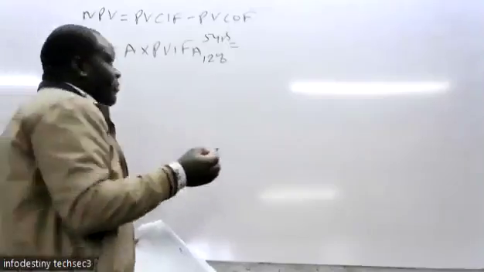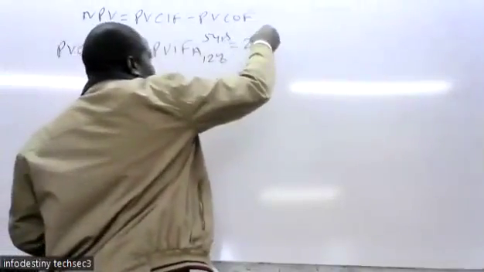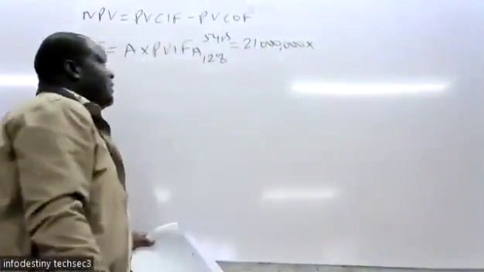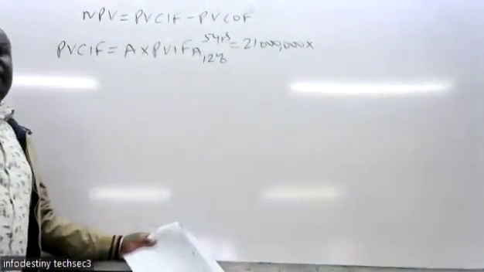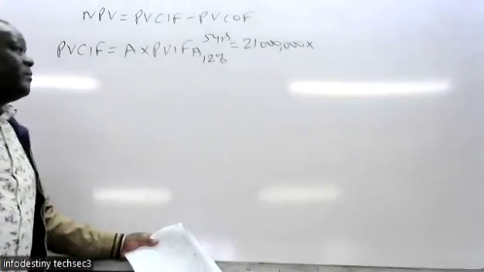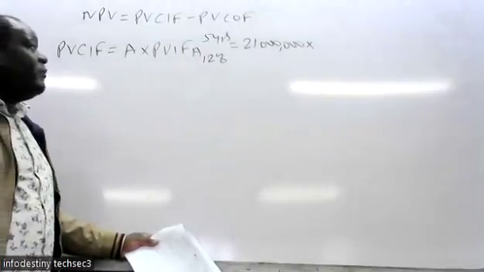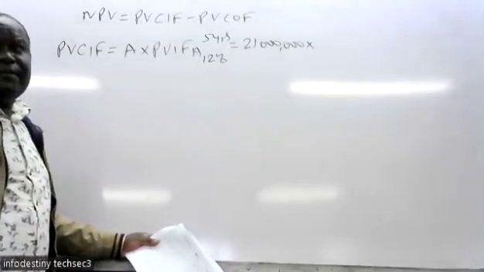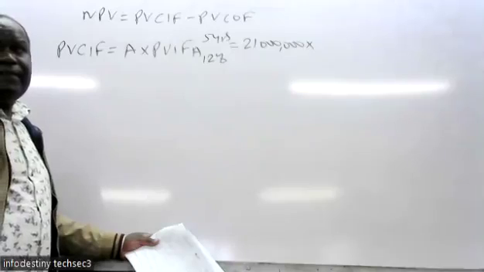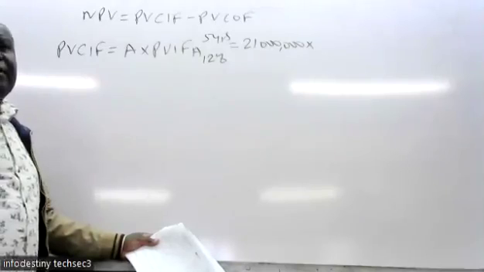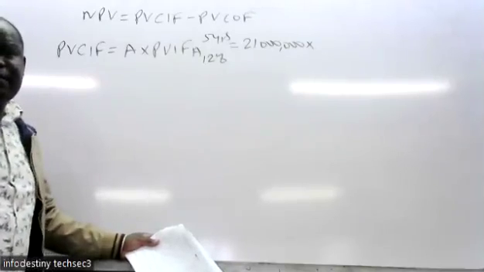They gave you 21 millions. So I would like you to check in the second table. When cash flows are the same every year, you normally use the second table. So check 12% in year 5, the second table. So what figure do you have?